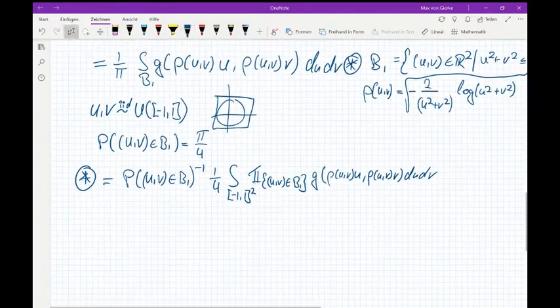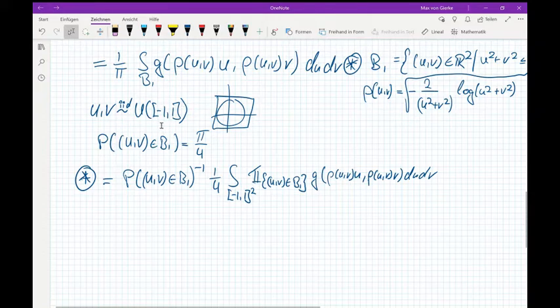Well, what do we have here now? What is the joint probability distribution of these two? Well, because we have this interval from minus one to one, the density on this interval is 1 over 2 for both.